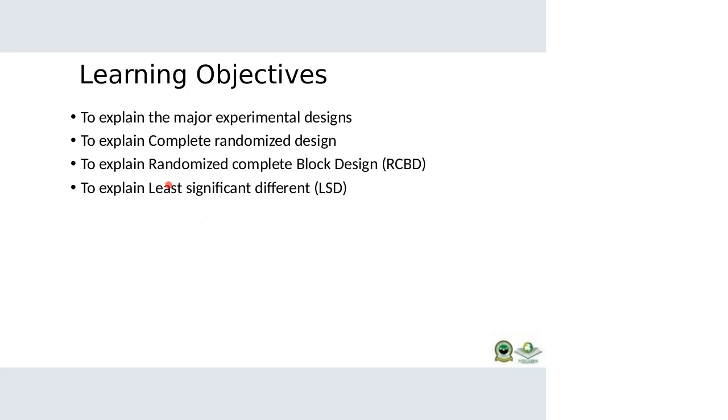We also will explain all the major experimental designs. Completely randomized design, we normally refer to as one-way classification. We also will explain the randomized complete block design, the two-way classification. Also, we explain the least significant difference, which is a method used to separate the means.